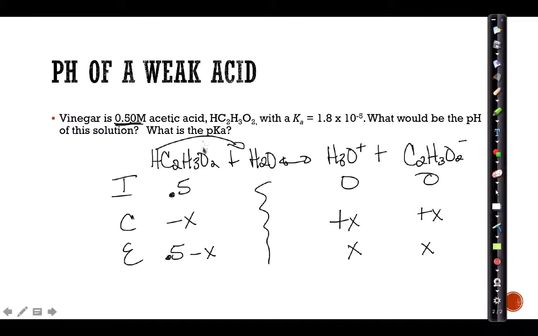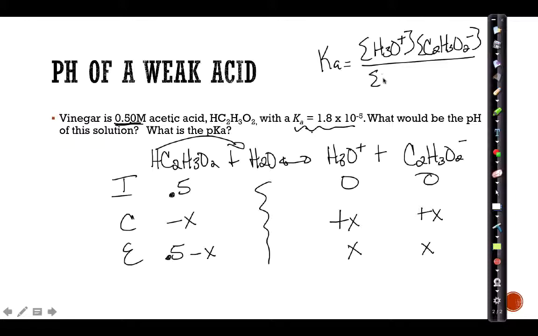Now, it doesn't give me the pH. I'm having to solve for it, but it does give me the Ka. So I can plug this into the Ka expression. So Ka is equal to the concentration of the products divided by the reactants. And we don't include water because it's a liquid.